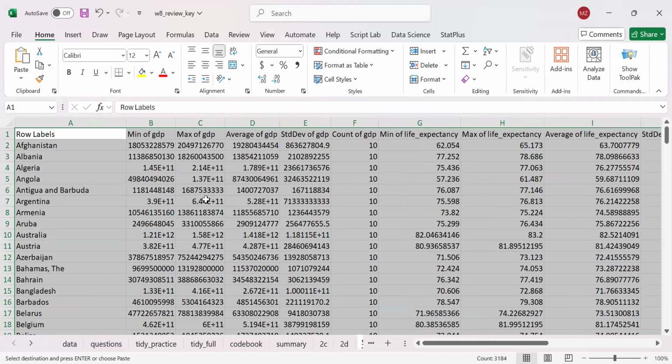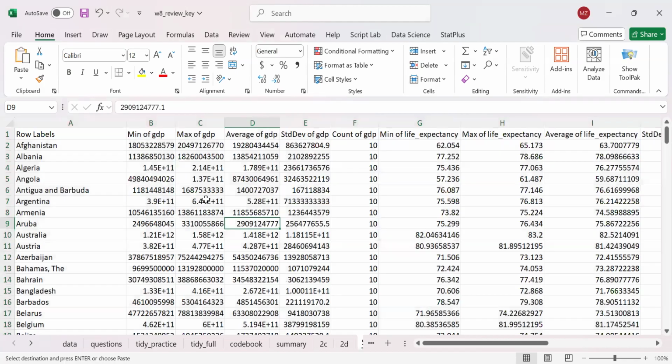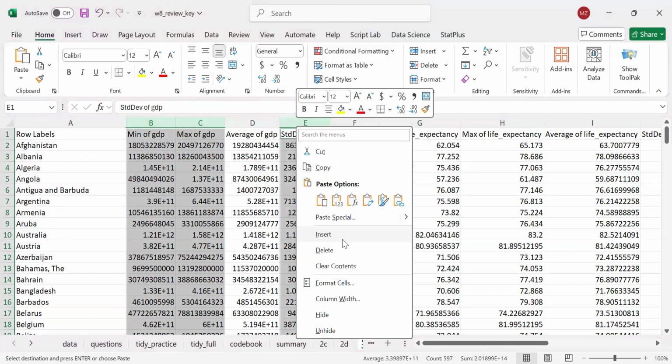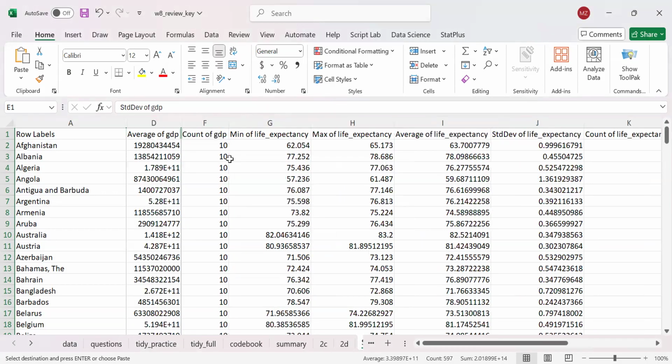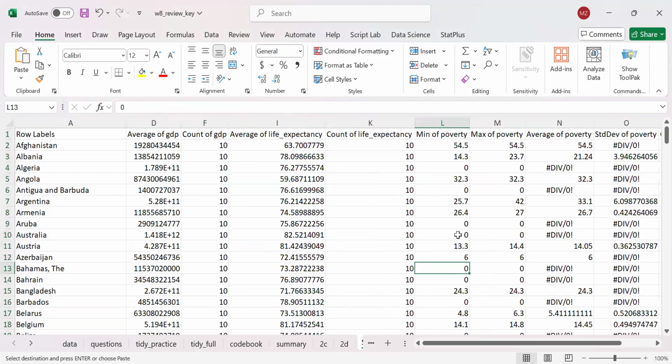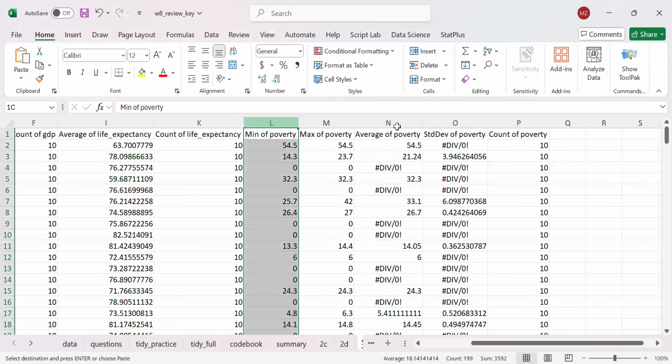We want to do it for the GDP and life expectancy category. So you can remove or hide all the unnecessary variables.